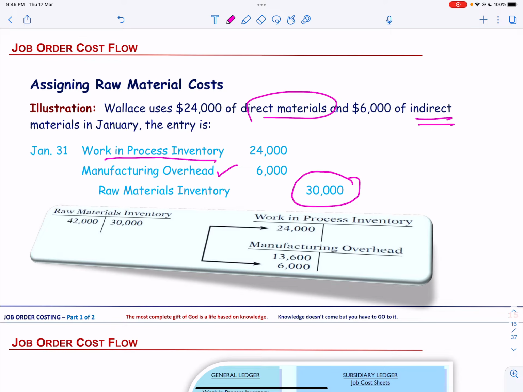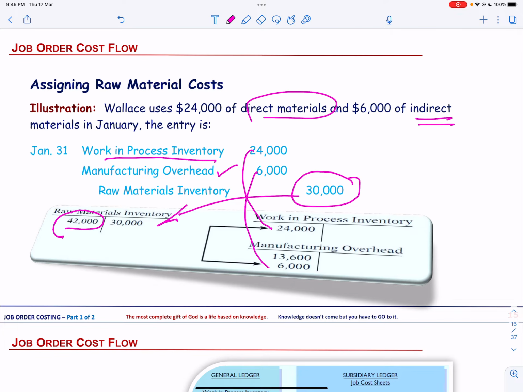Remember, we recorded raw material inventory equal to 42,000 when we were talking about raw material accumulating cost.